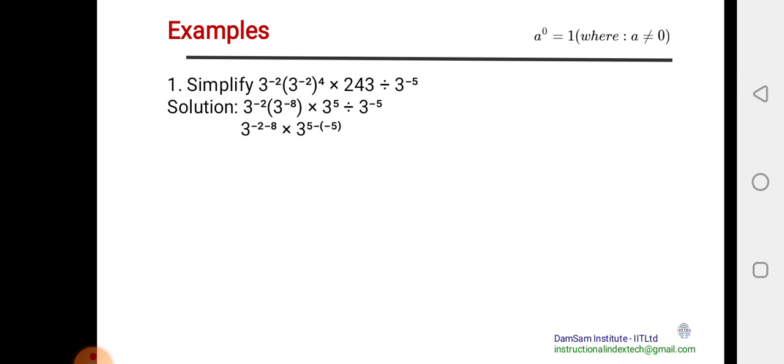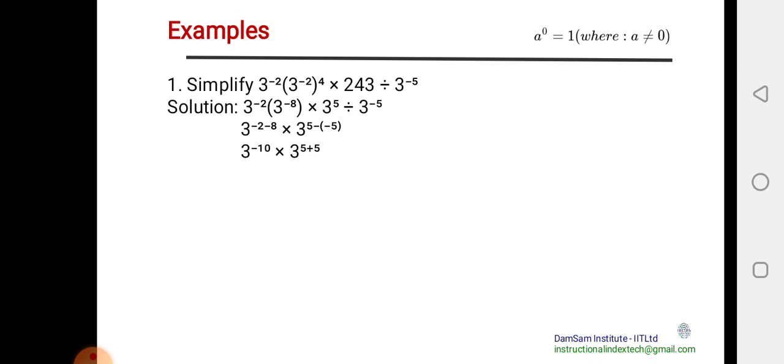We proceed to have 3 raised to power negative 2 minus 8, the one at the power of the first 3, times 3 raised to power 5 minus negative 5, because it is division in between them, and that makes it become minus. So negative 2 minus 8 will become negative 10. That is why we have 3 raised to power negative 10.